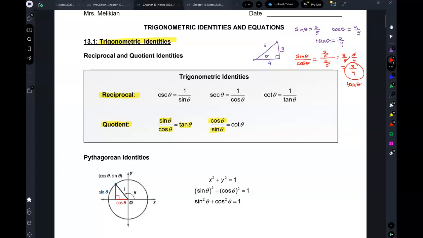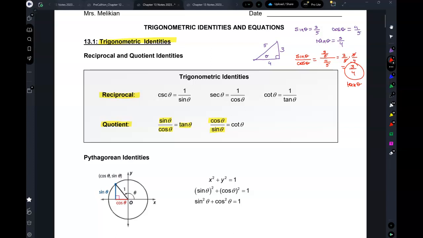So sine theta over cosine theta always gives us tangent of theta. In a situation like this, it's silly to do what I did to find the tangent, but if you had some things missing, or a different situation, then this could be used. So those are what trig identities are.